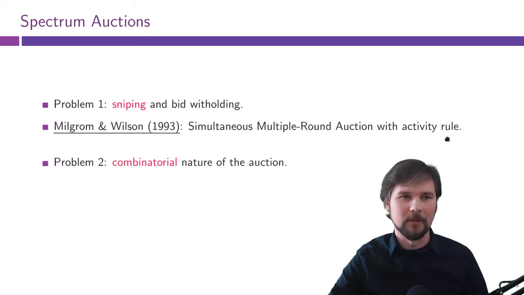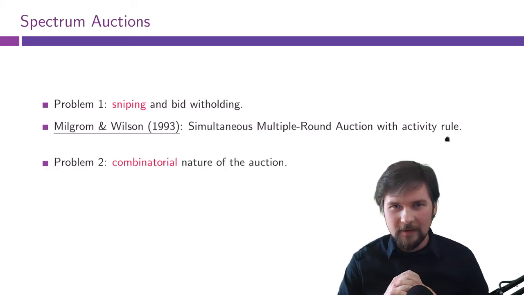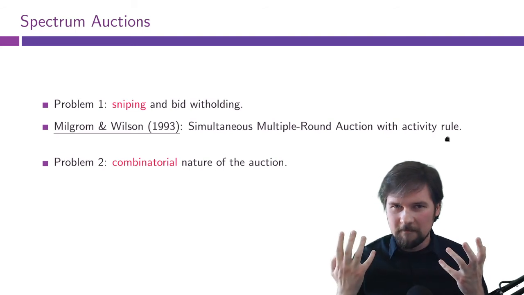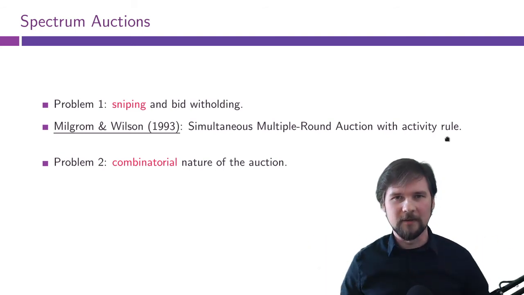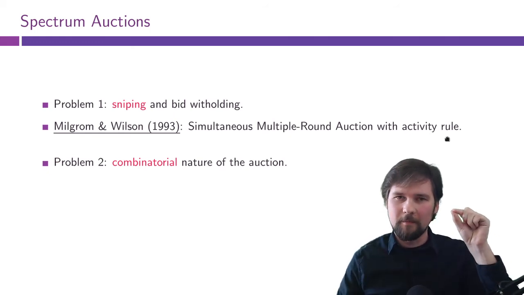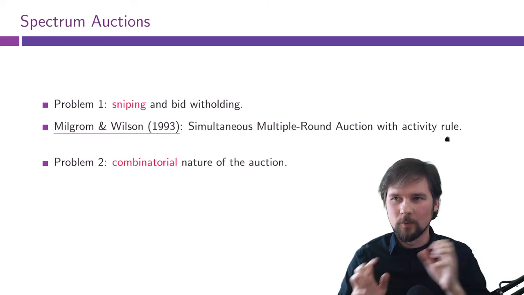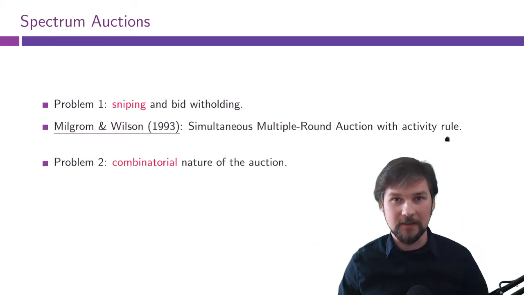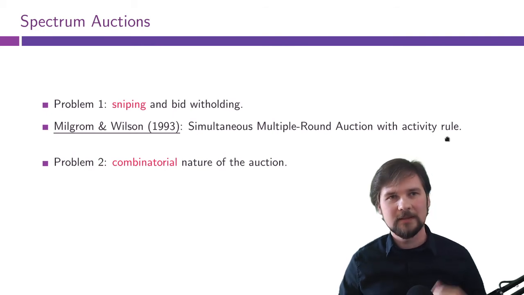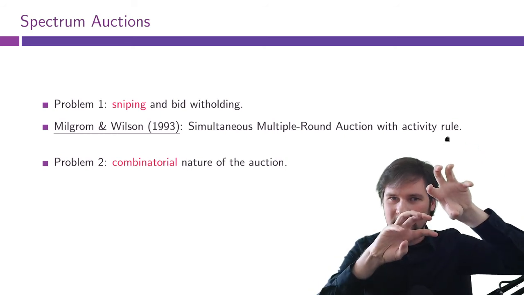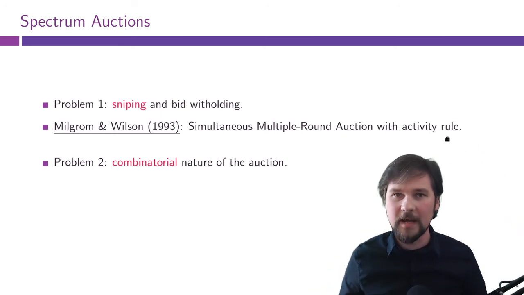Now, there is another problem with spectrum auctions, namely that they are very difficult. There are many different frequencies being sold in many different locations. And your valuation for a given band depends on what other bands you get. So, for example, there might be geographical complementarities, saying that I want both North California and South California, so that I can advertise coverage over all of California.